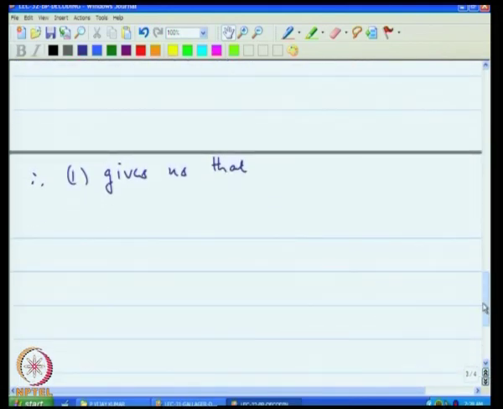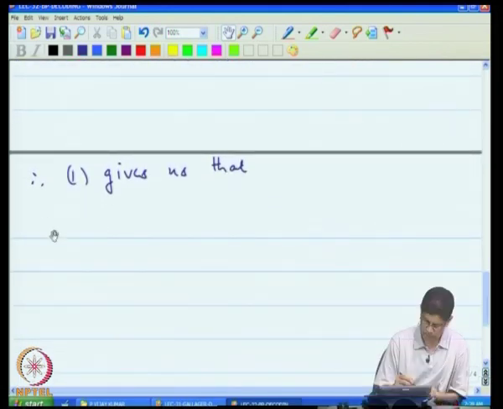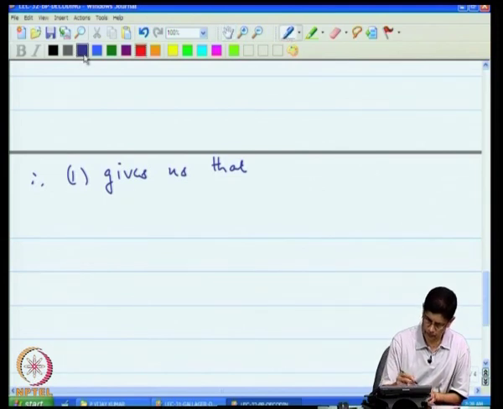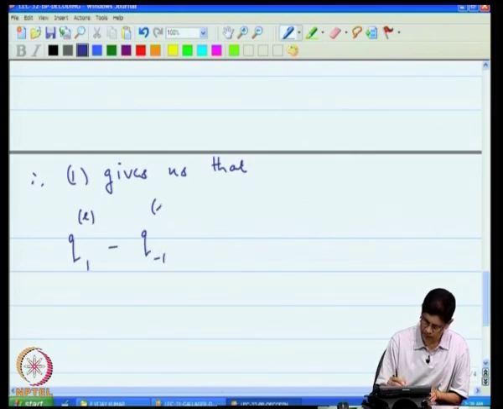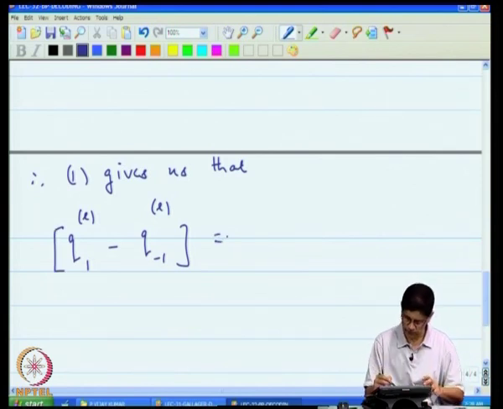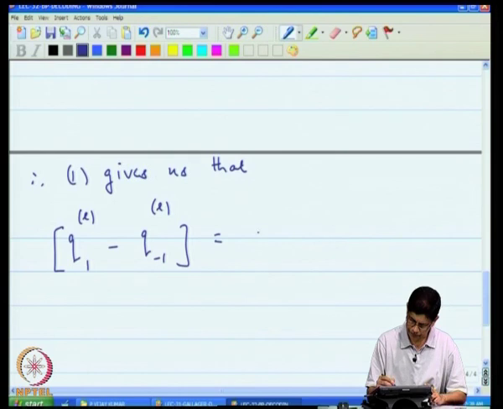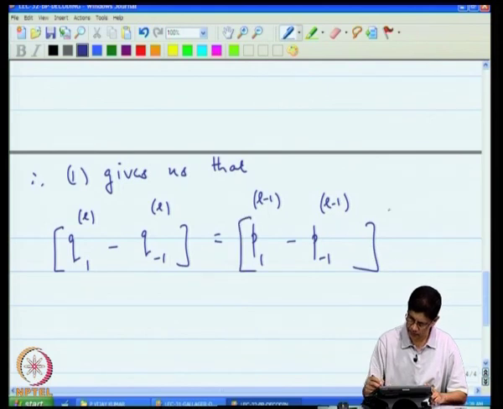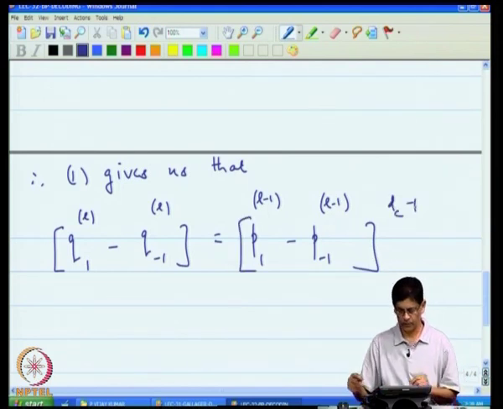So, in terms of expectation, it tells us that q of 1 at L minus q of minus 1 at L is equal to p of 1 at L minus 1 minus p of minus 1 at L minus 1, raised to the power d sub c minus 1.